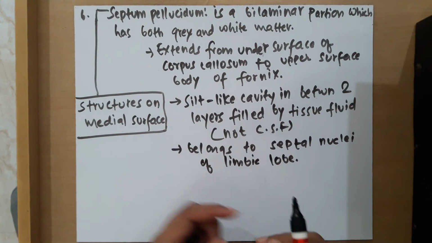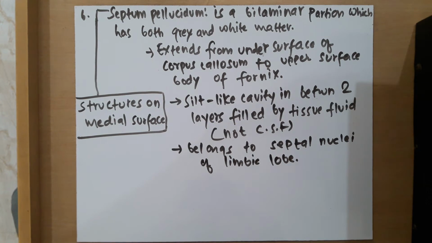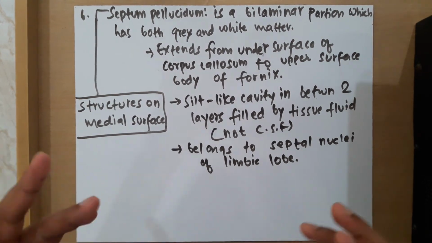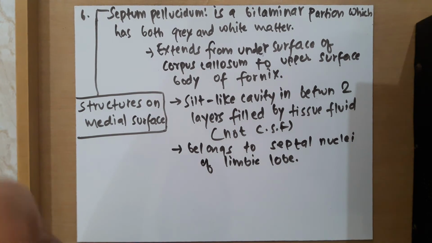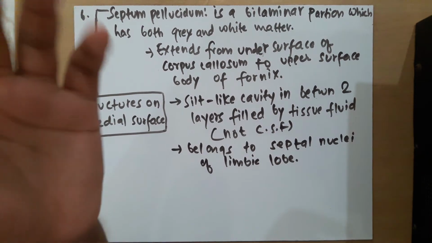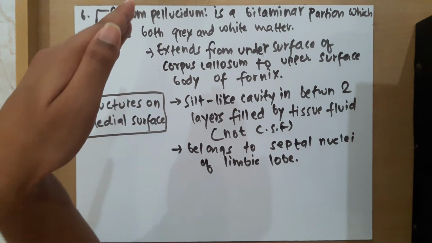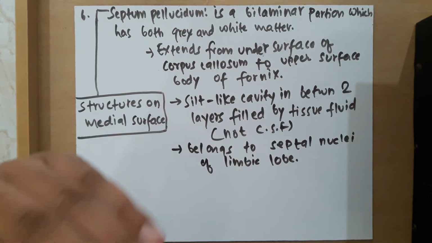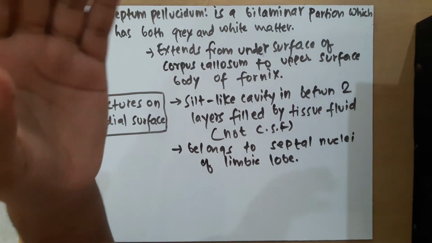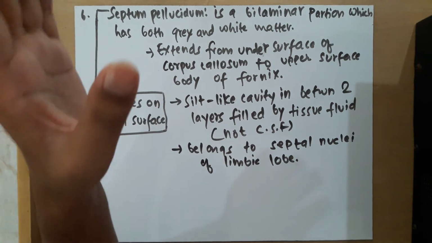You may have a question: what happens if we remove septum pellucidum? It's connecting the corpus callosum with fornix. So removal of the septum pellucidum exposes the cavity. Cavity means our anterior horn and the central part of the lateral ventricle.